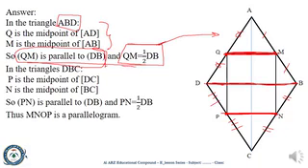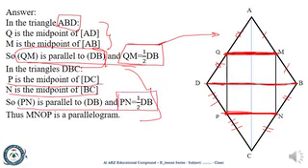If you do the same thing for PN, what happens? Of course, not in the triangle ABD. This time you will do it in the triangle BDC. Okay, so applying the mid-segment theorem in DBC, P is the midpoint of DC, N is the midpoint of BC. That gives us PN is parallel to DB and PN is equal to half DB.